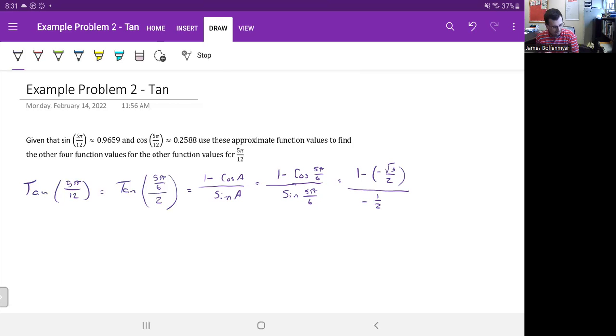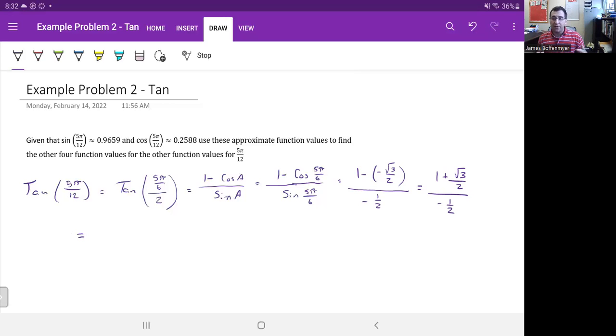Now keep going with this because now we've got the algebra to play with. That means we would have 1 plus the square root of 3 over 2, divided by negative 1/2. So it's algebra from here on out. I'm just going to continue back on the left side.